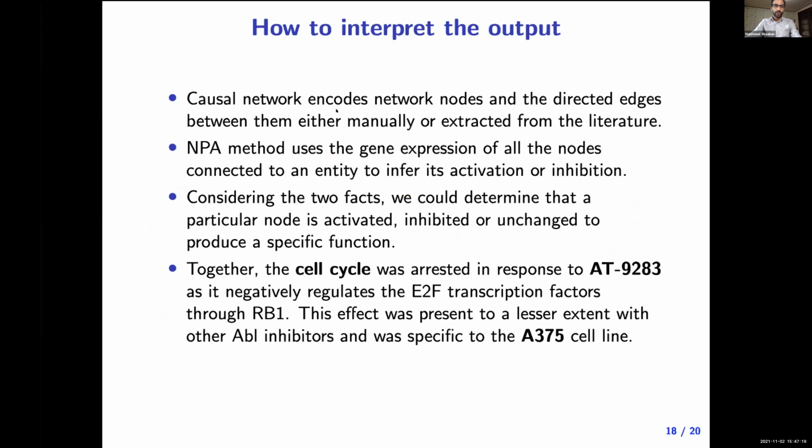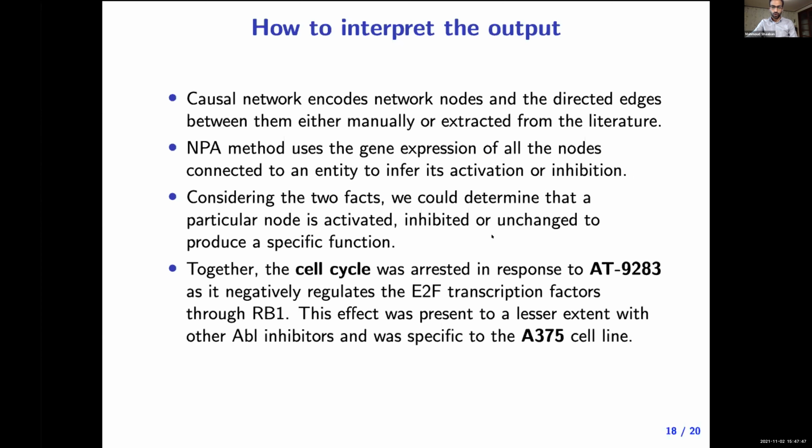So the causal networks encode nodes and directed edges between the entities, and these can be extracted from the literature or from databases. And then the MPA method uses gene expression of all the nodes to connect the entities and infer activation or inhibition. So considering those two facts, we can determine if a particular node is activated or inhibited or unchanged to produce a specific function.